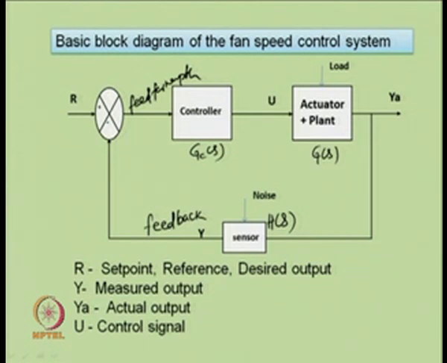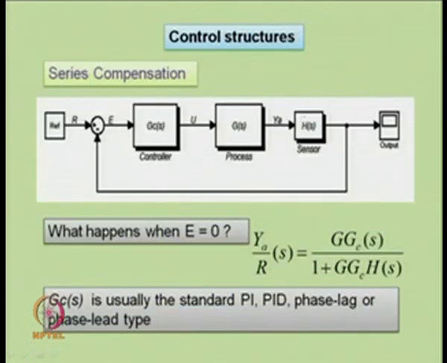No, we have different types of structures, and one such structure can be shown by this figure. This block diagram represents a series compensation scheme, where the controller is in the feed forward path along with the process. The sensor is also put in the feed forward path in this fashion.